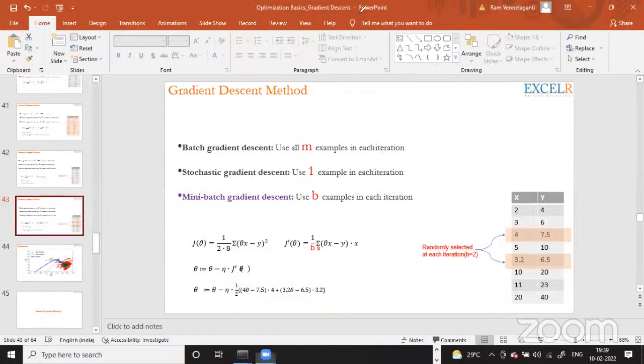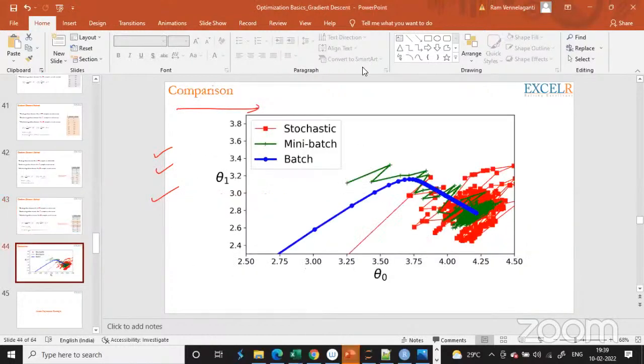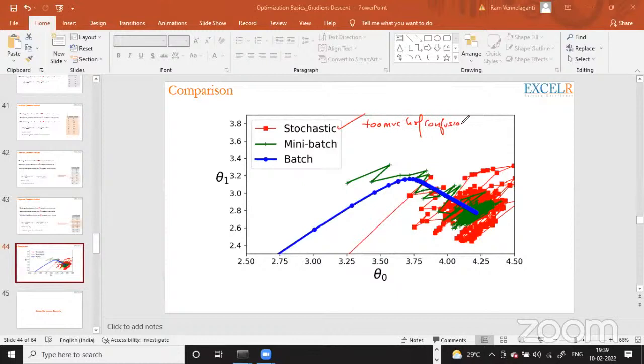My question is, among these 3 variants of gradient descent, which one is better for us? If you compare stochastic gradient descent, there is too much of confusion for us. Why? Because for every single observation, you are updating your weight.